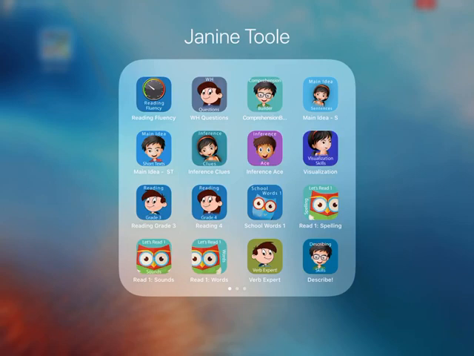So they have a reward reinforcement system as part of the apps. The last one we're going to be looking at is visualization.